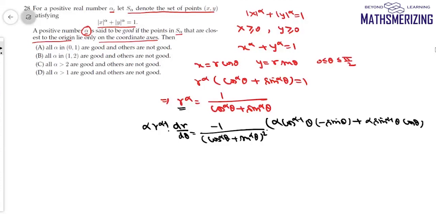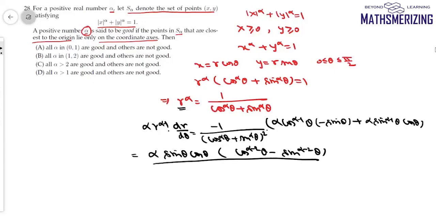Now here I'll take minus sin theta into cos theta common. I'll take this alpha also common. So I'll write alpha sin theta cos theta, and here I'll get cos alpha minus 2 theta minus sin alpha minus 2 theta upon cos alpha theta plus sin alpha theta whole square.